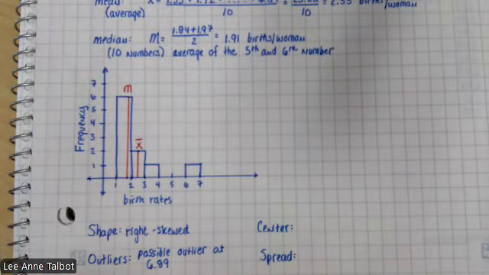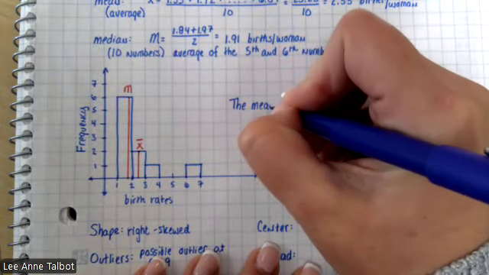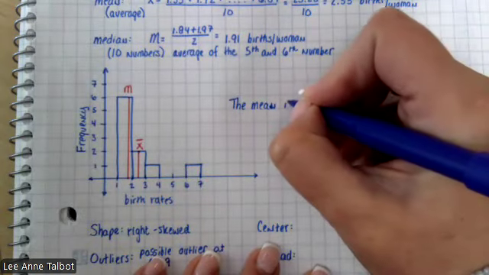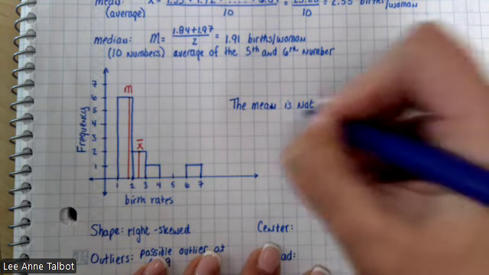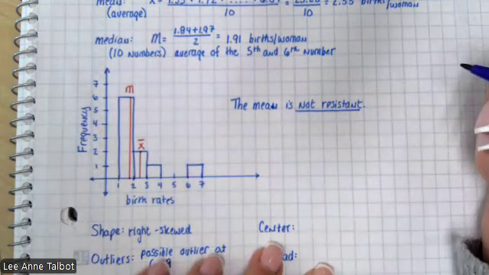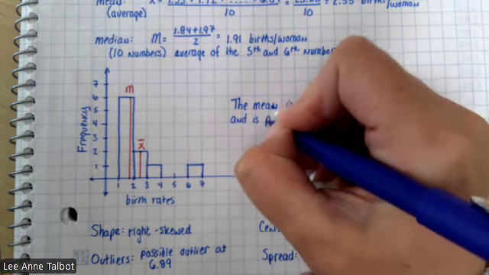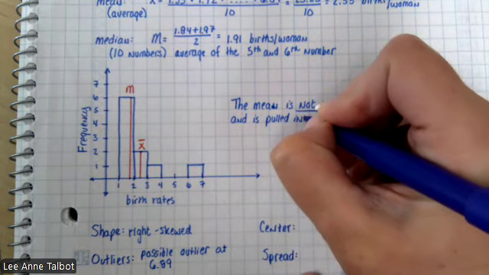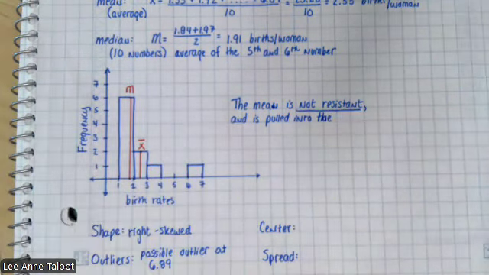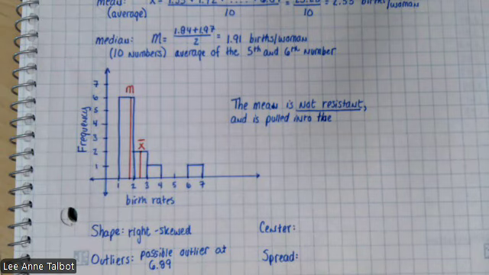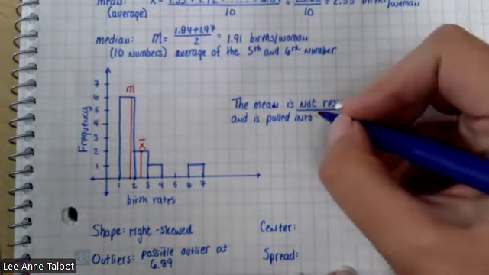So I want to write a note here. The mean is not resistant and is pulled into the tail.